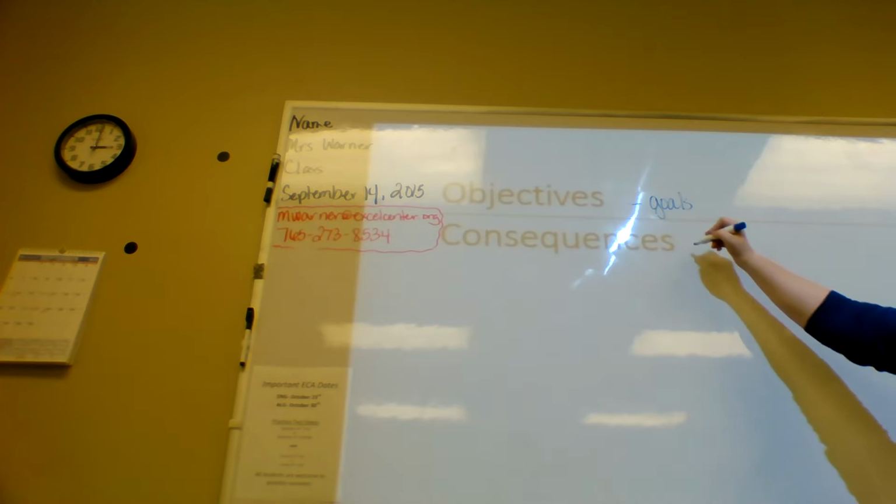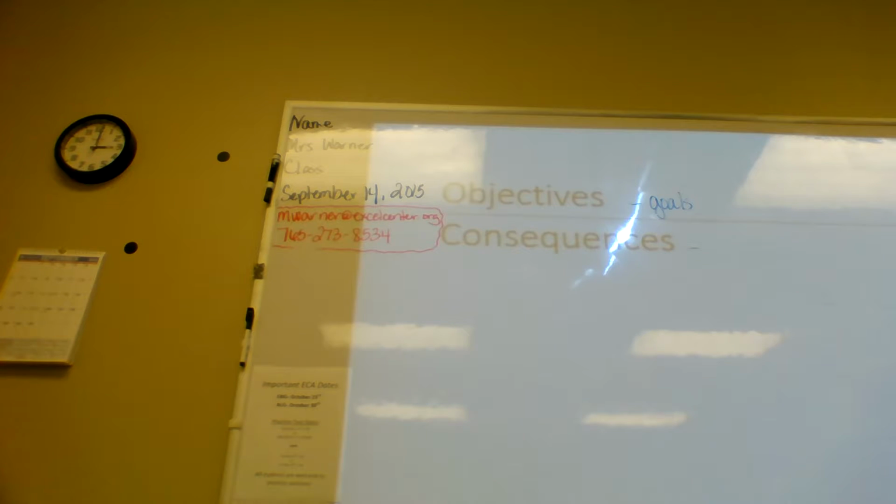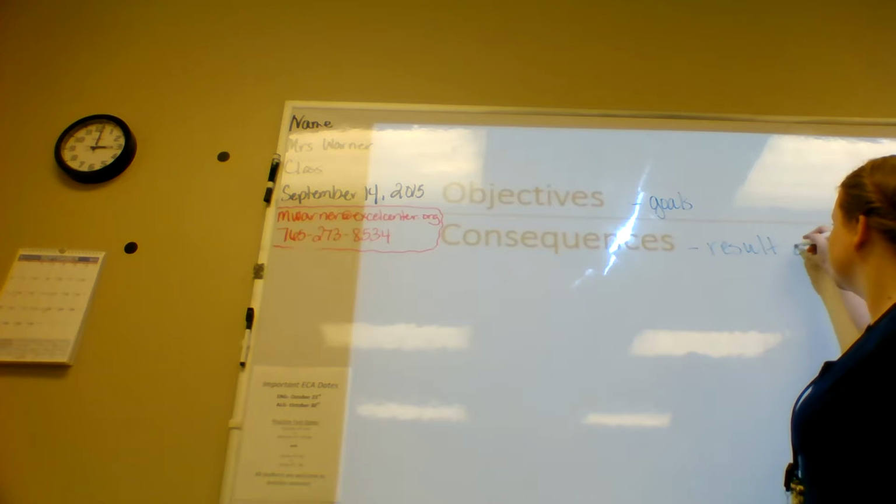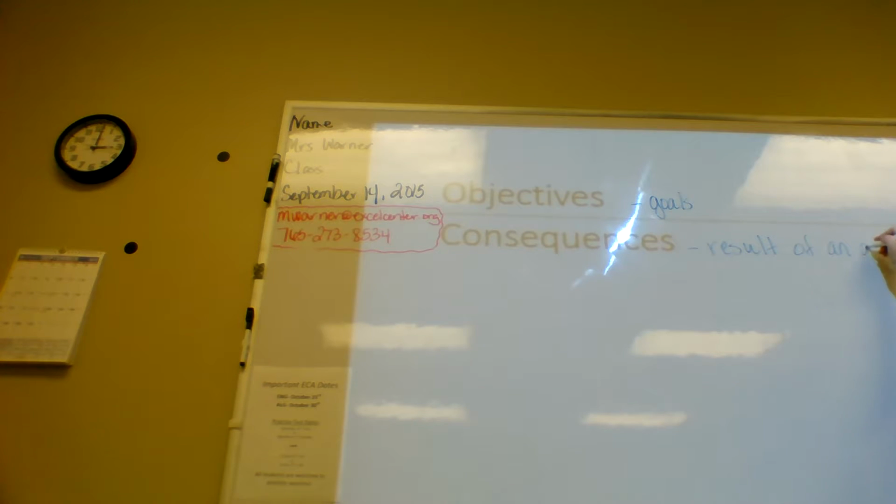So what are consequences? Good. The result of your action or the results of an action. So when you think of consequences, I don't want you to think of things that are necessarily negative.